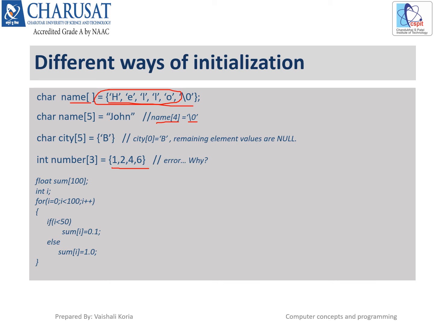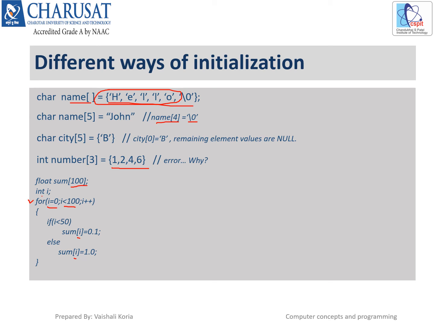But suppose you have an array of size 100. It is not feasible to give individual values to the 100 elements at compile time. So in that case, what you can do is, this i is representing the index or subscript, so you can use a for loop that will execute from 0 to 99.